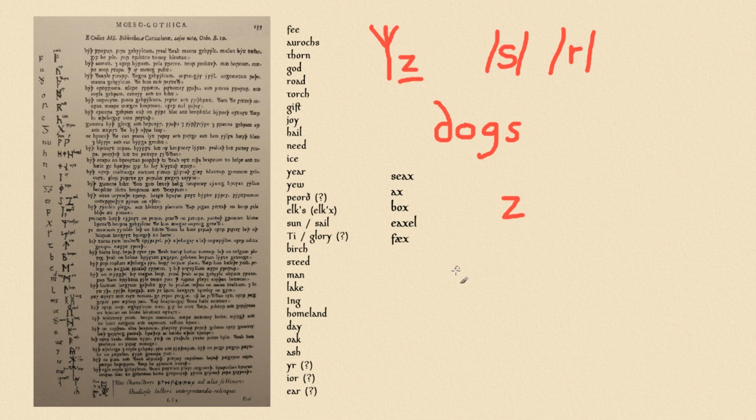So if the name of the rune was originally something Z, well then after the Z gets dropped, we're left with whatever the original name was without its case ending, and then this name probably had nothing to do with whatever sound the English associated with it, if they associated any sound with it.